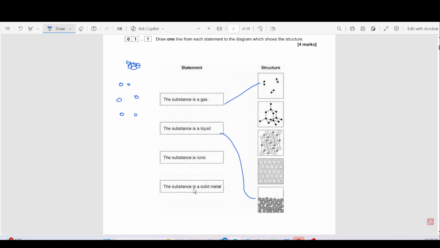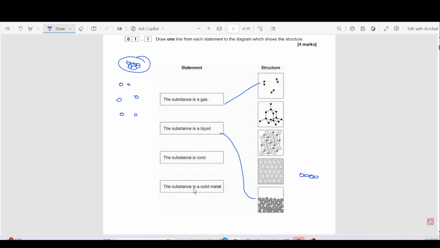Like in solid, there is almost no gap between particles. There is a gap between particles, but it's not that much, right? So basically in liquid the particles are close, but they are not as close as in case of solid.